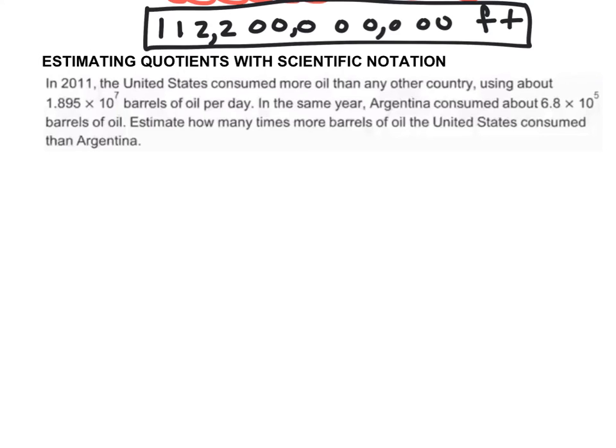And what we can do in this problem that we didn't do on the last problem is use estimation. So thinking of this number, 1.895, that number is really close to 2, all right, times 10 to the 7th barrels per day. Over here, 6.8 times 10 to the 5th, 6.8 is really close to 7 times 10 to the 5th.